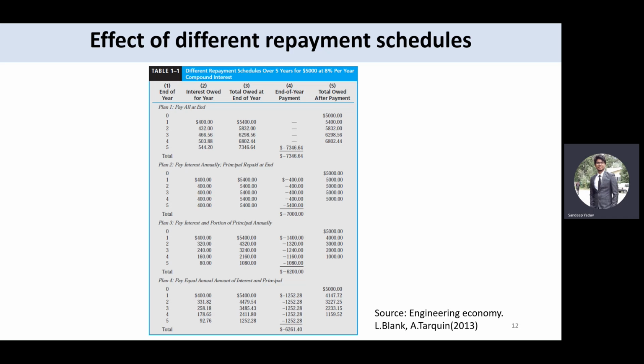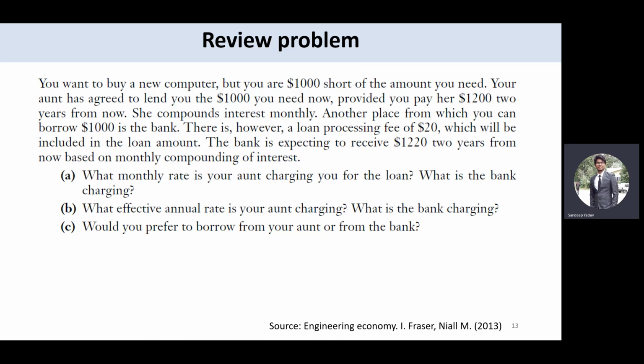For some more details, if you want this kind of comparison, you can refer to that book. Now let's solve a review problem to get some more clarity on the topic.